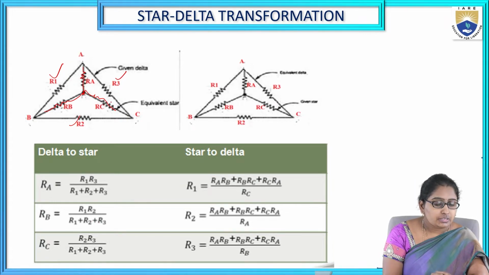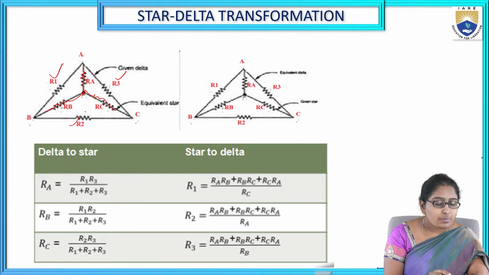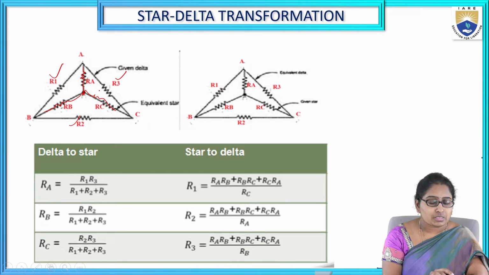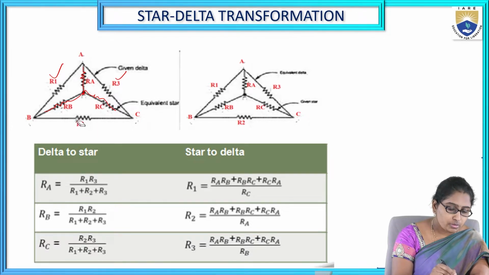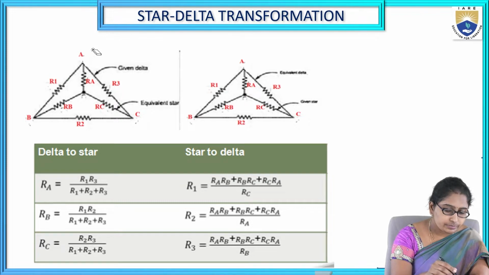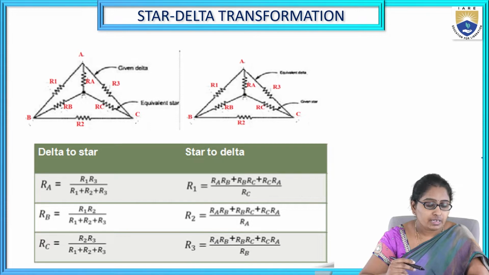Next, the third element of the star network, RC, is given by the product of its adjacent delta elements R2, R3, over R1 plus R2 plus R3. That is how, if a delta network is given, we can write its equivalent star network elements.